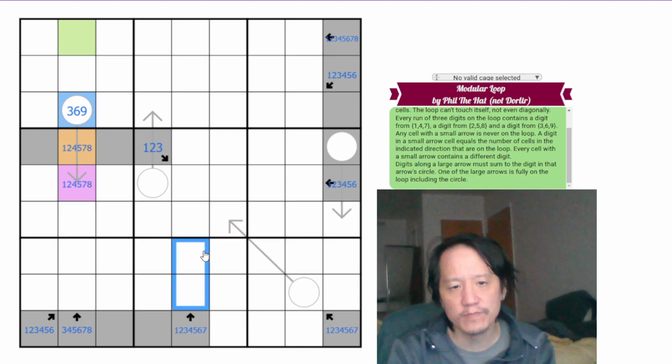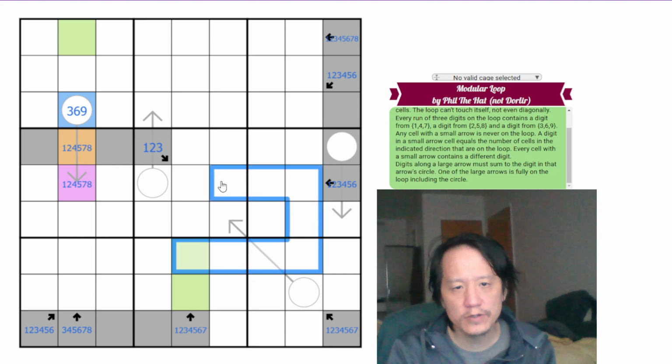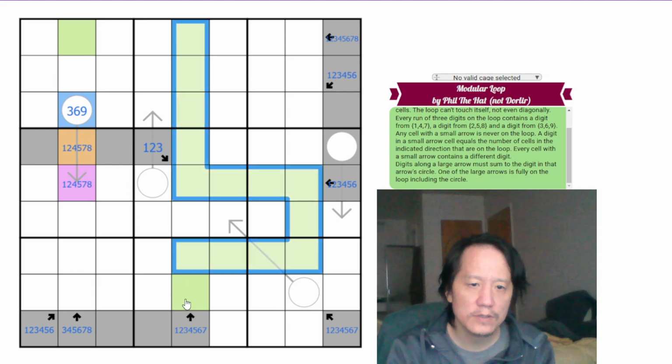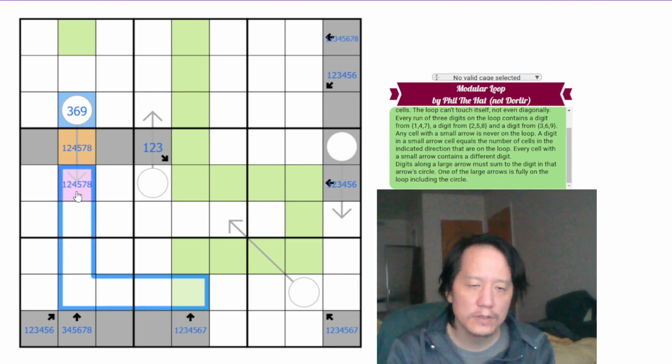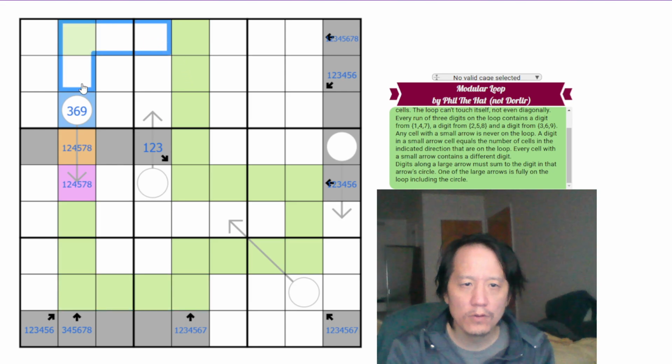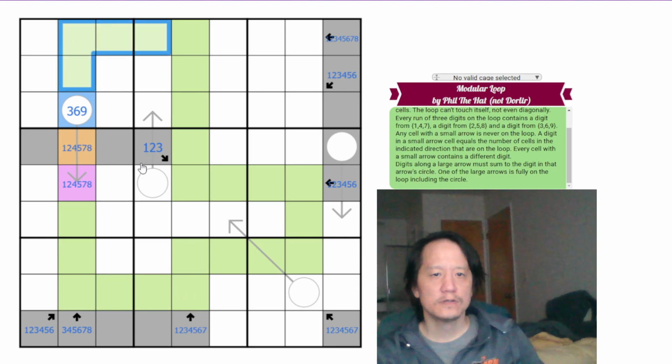What about if we move it up? It can't go that way. It can't go in there. So it could go something like this. So this has to be this way if that's the case.